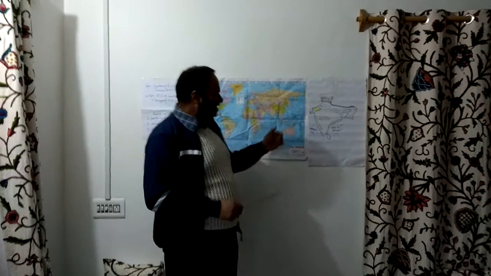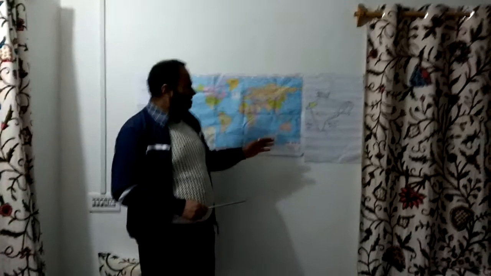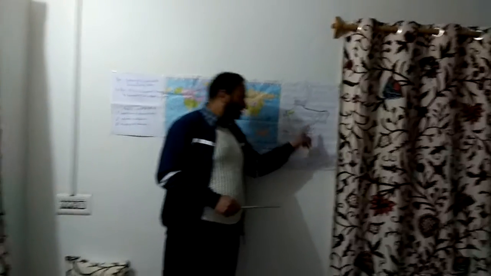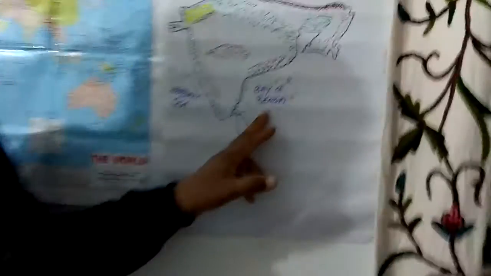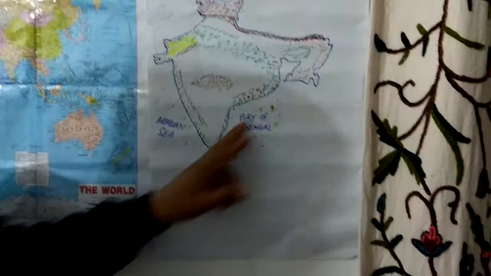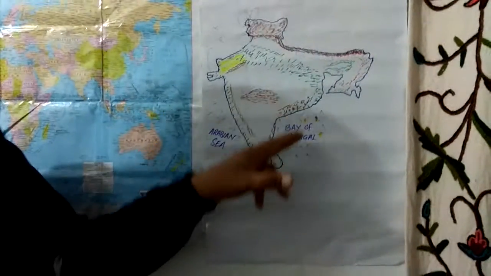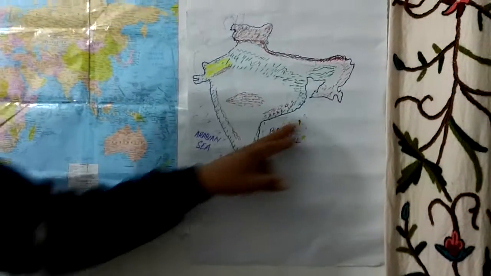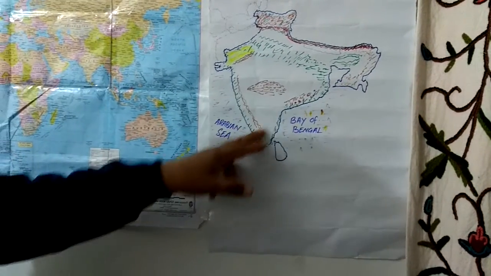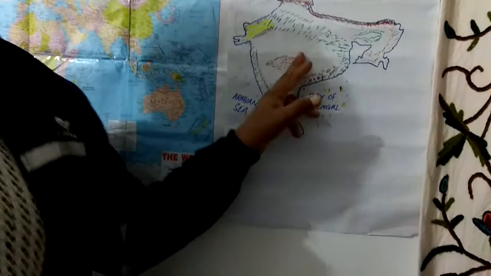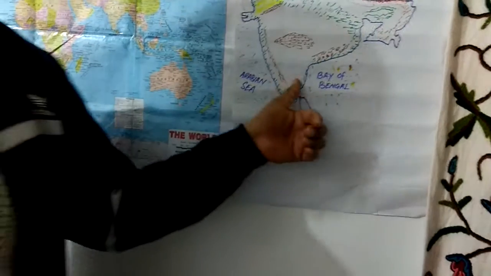When the sun shines and rays fall on this Indian Ocean as well as its peninsula, this water body portion and this land portion always heat up.